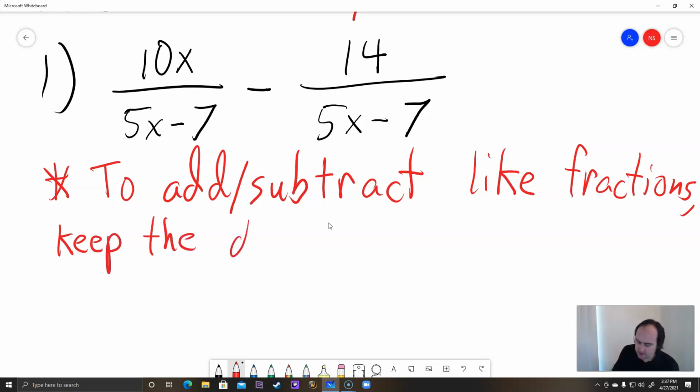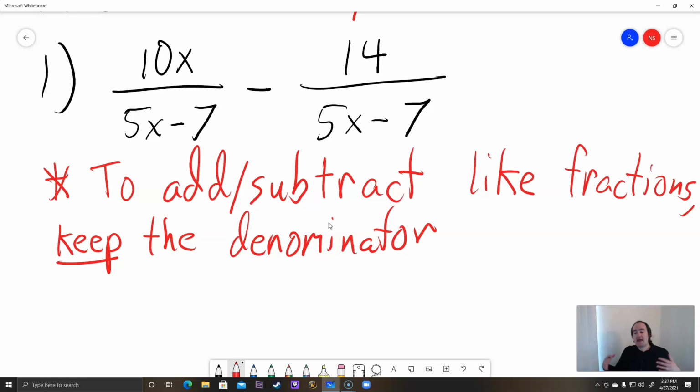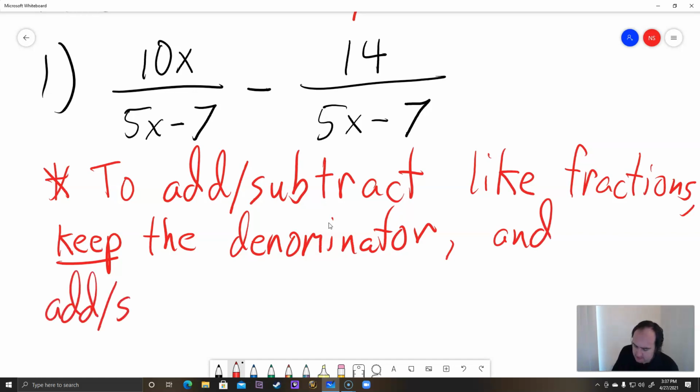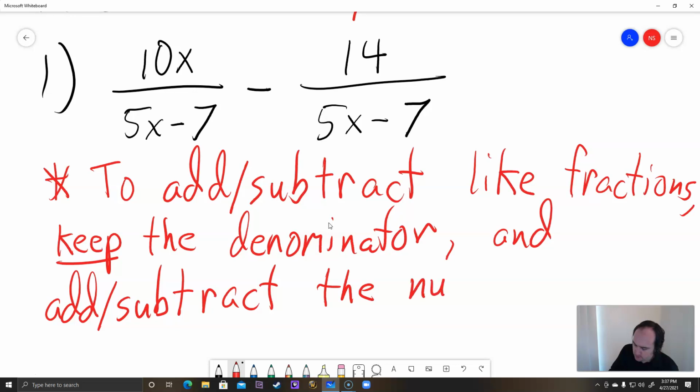The denominator stays the same, but then we add or subtract the numerator. So keep the denominator and add or subtract the numerator. All right, so bottom stays the same.